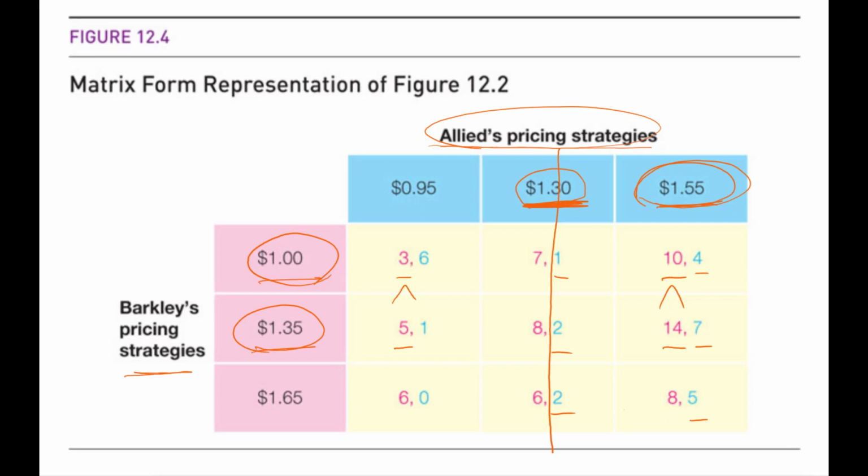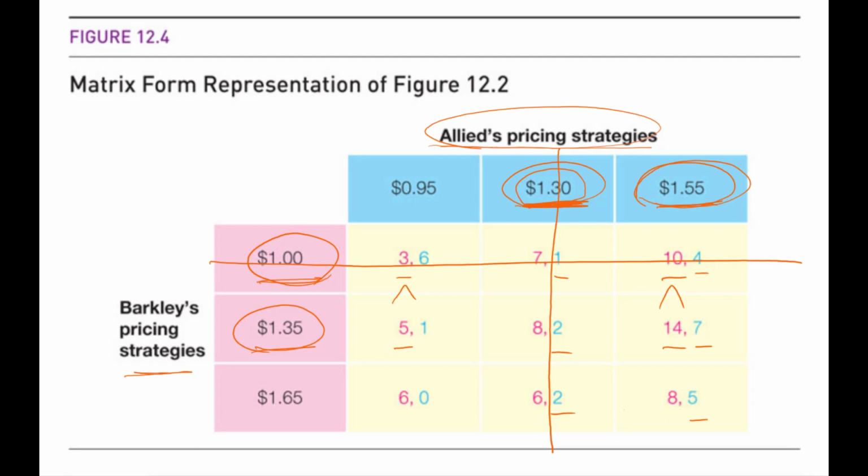So Barkley can expect Allied will never play $1.30, given that rational expectation Barkley's strategy $1 is dominated. So Barkley will never play this strategy either, so you can eliminate that, and the game will be further reduced to 2 by 2 game.